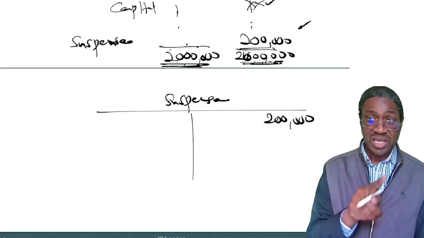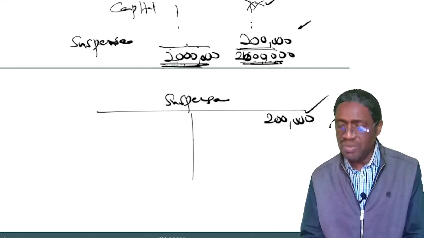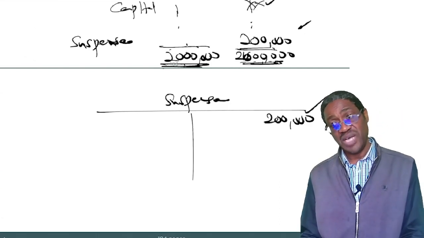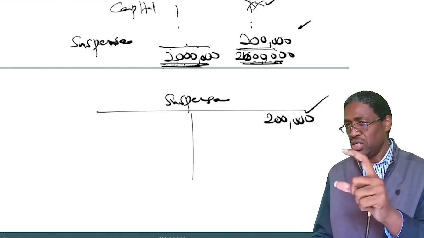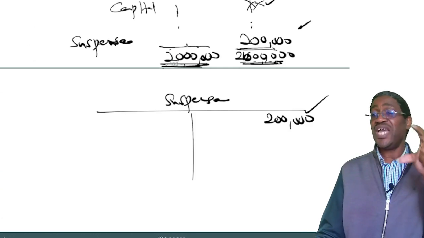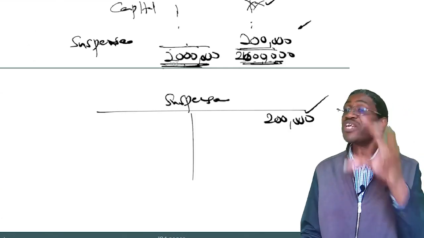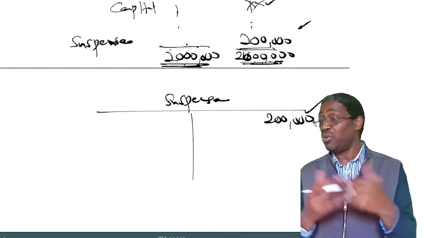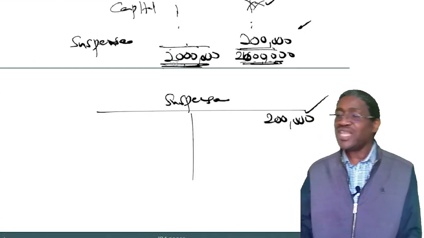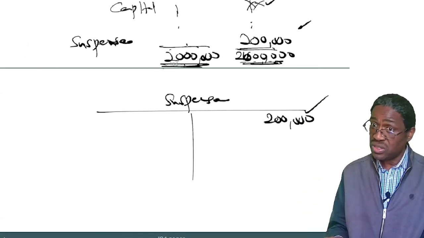Meaning you will credit suspense account by how much? 200,000. Then later, when you discover where you made an error, you go to that account and correct it. Then the other entry, because it's a double entry, you must follow. The other entry now will come to the suspense account.